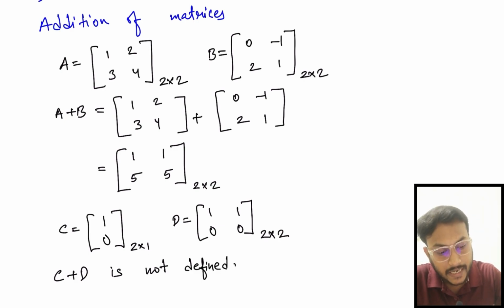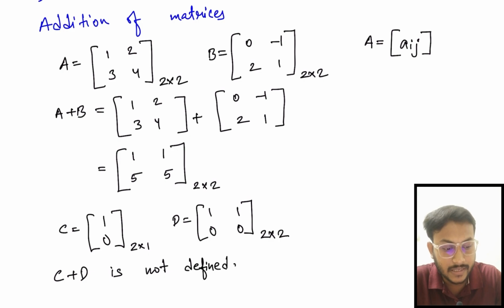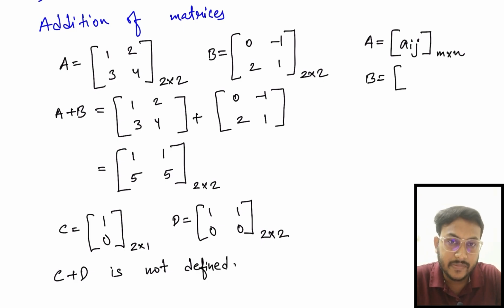Now in general I can write a matrix. Let's say matrix A has element aij. aij is a general element of matrix A. Now the order of matrix A is suppose m by n. Let's say B is another matrix which has element bij in general.